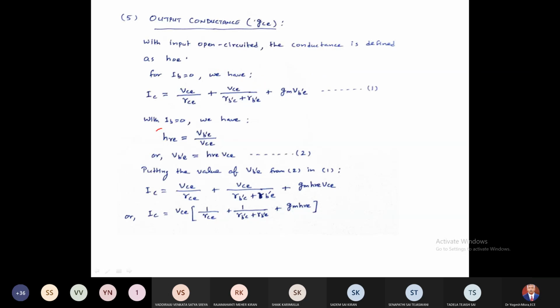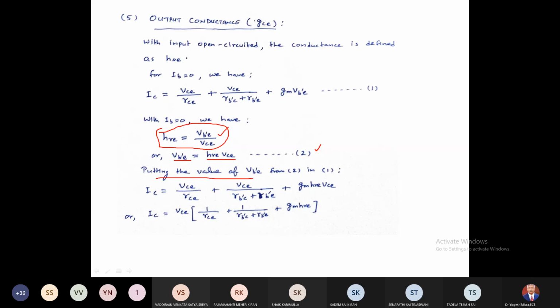Now HRE, reverse voltage gain, is VB'E divided by VCE, or VB'E is equal to HRE multiplied by VCE. From here only, we have written this expression in terms of VB'E. This is my expression number 2.